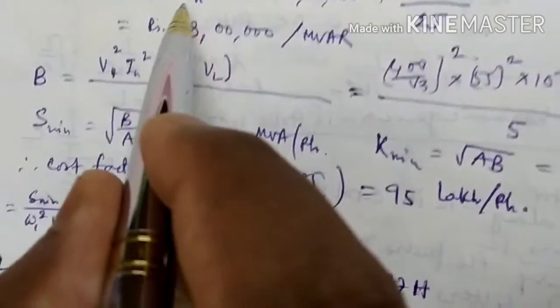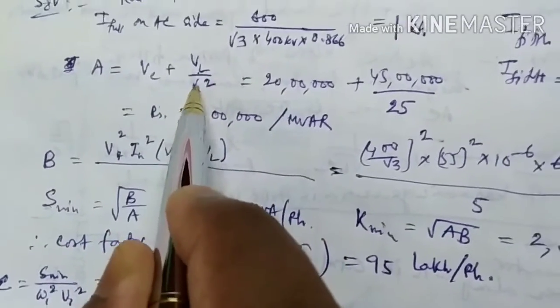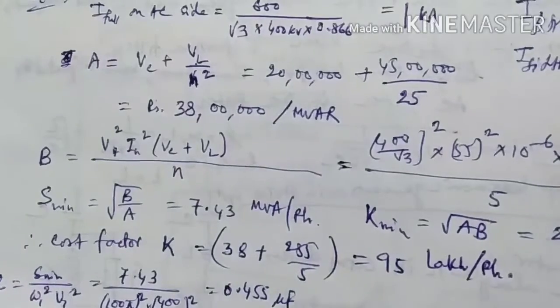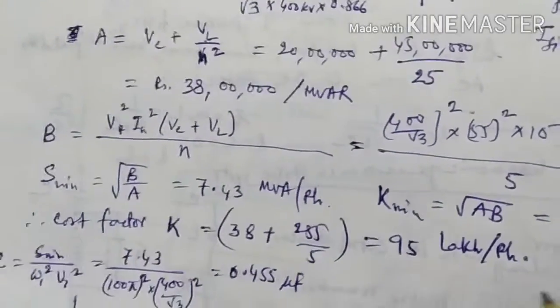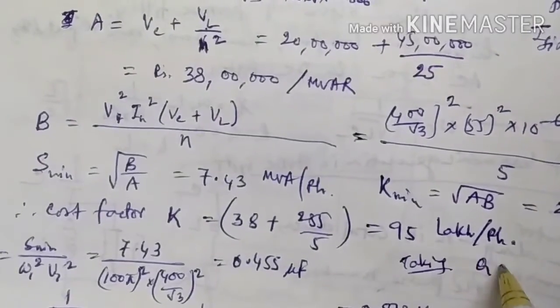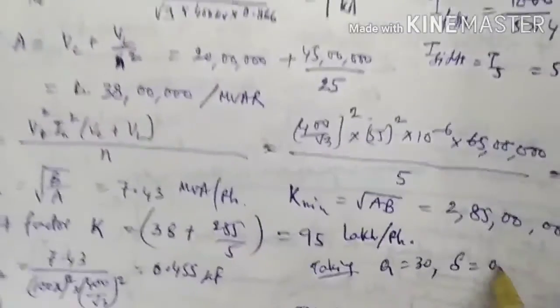Here, for finding A, Vc by VL by N square. So now taking Q equal to 30 and delta equal to 0.02.